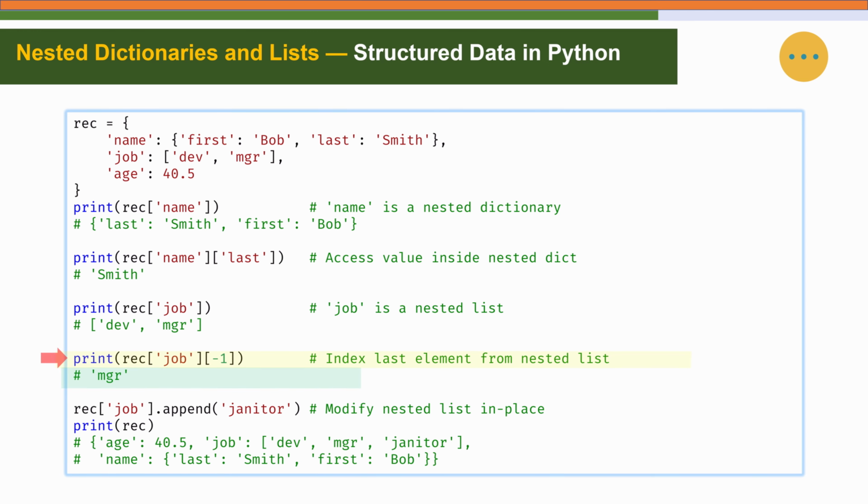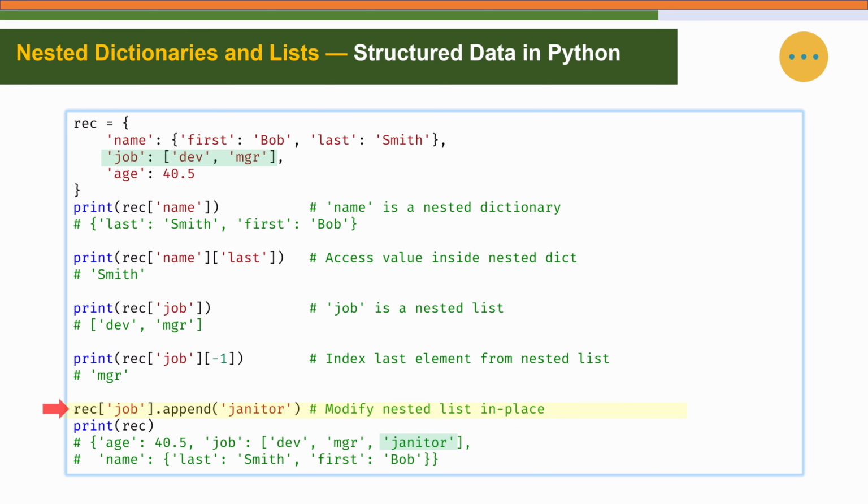element, that is MGR. Because lists are mutable, we can expand Bob's job list directly using the append function. After running rec['job'].append('janitor'), the updated record now includes a third job role, showing that nested mutable structures can be modified in place without recreating the whole.